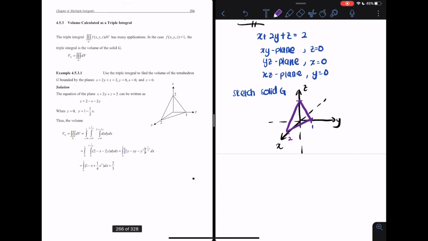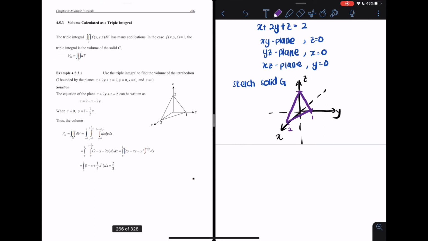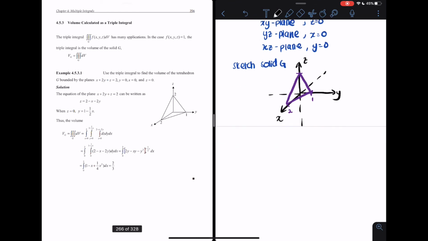Right after this, I need to sketch the region R. The region R can be sketched by mapping your solid G from the 3-dimensional coordinate system onto the XY plane in the 2-dimensional coordinate system. Then you will get Y versus X. When you have Y versus X, the value here is 1, the value here is 2.